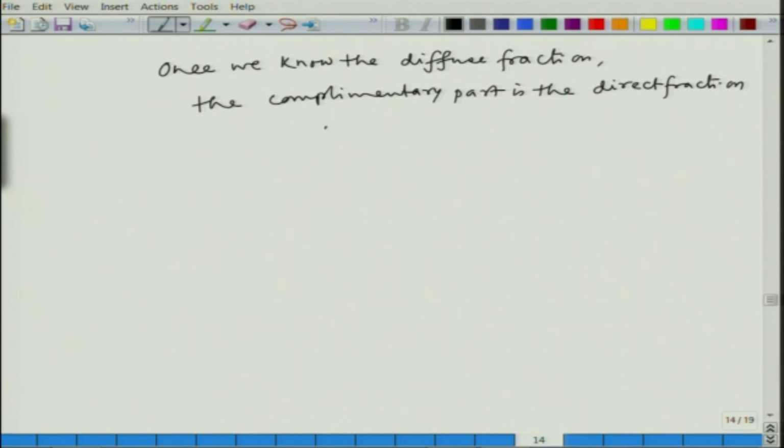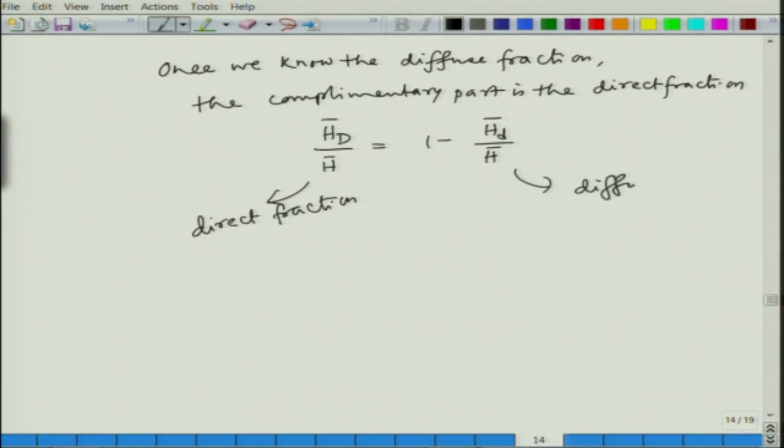That means the direct radiation, usually designated with capital D, is H times 1 minus the diffuse fraction. So, this is the direct fraction and this is the diffuse fraction, because direct plus diffuse gives you the total or global radiation.